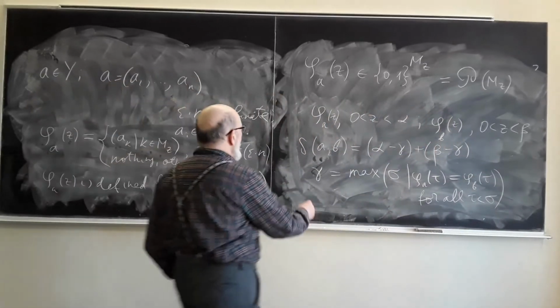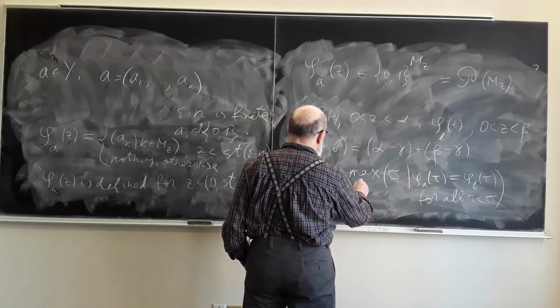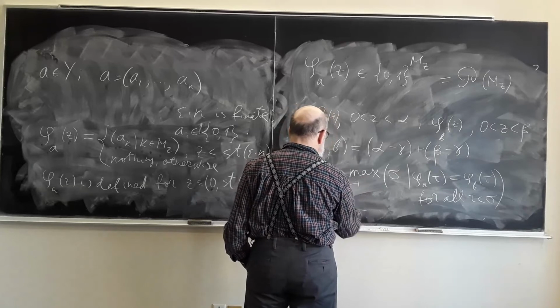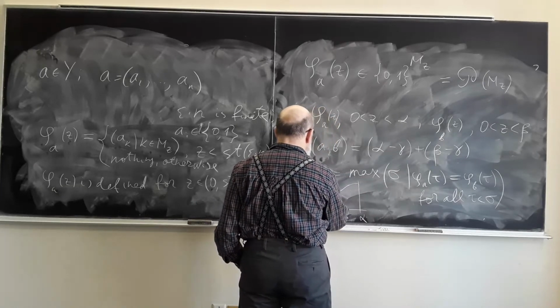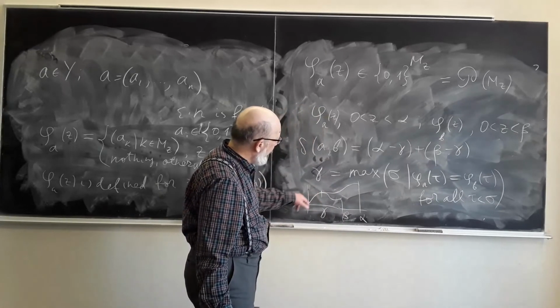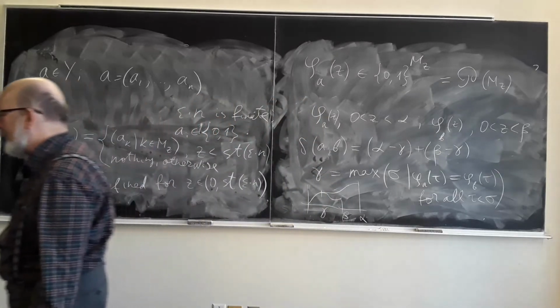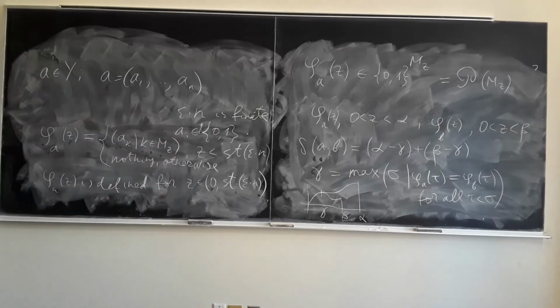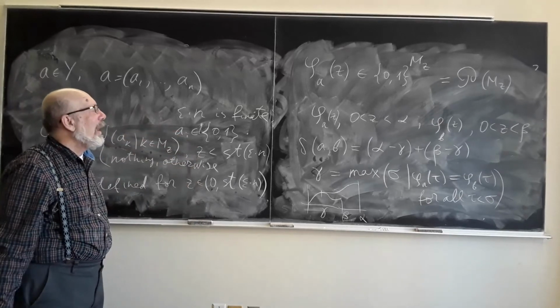So again, we have two functions. One is defined from 0 to alpha, other from 0 to beta. This is gamma, and gamma is the moment of their divergence. Before gamma, they are equal at each point. After gamma, they diverge.